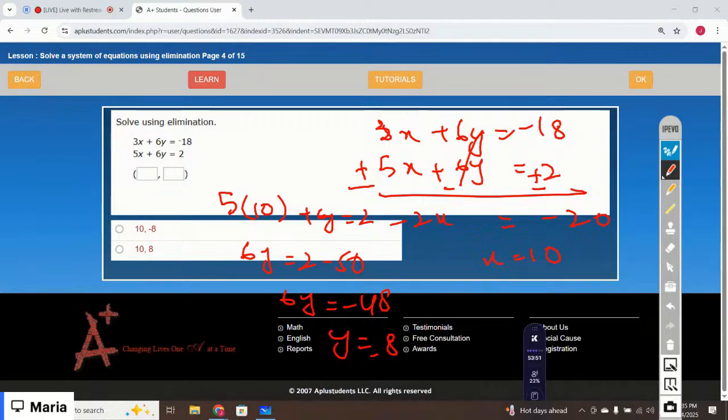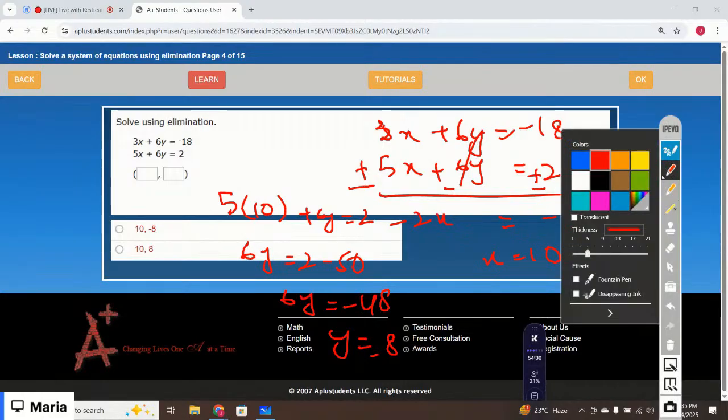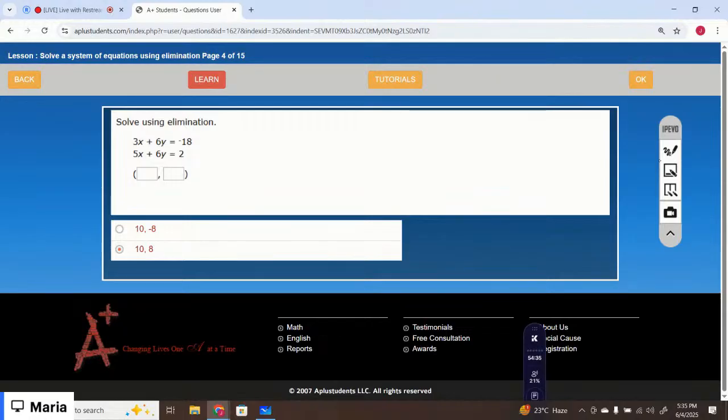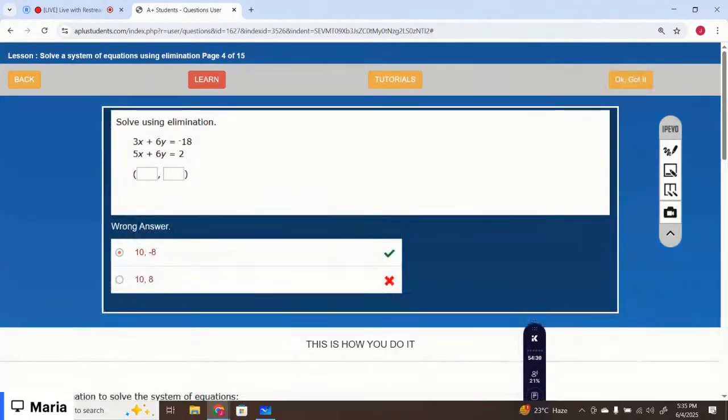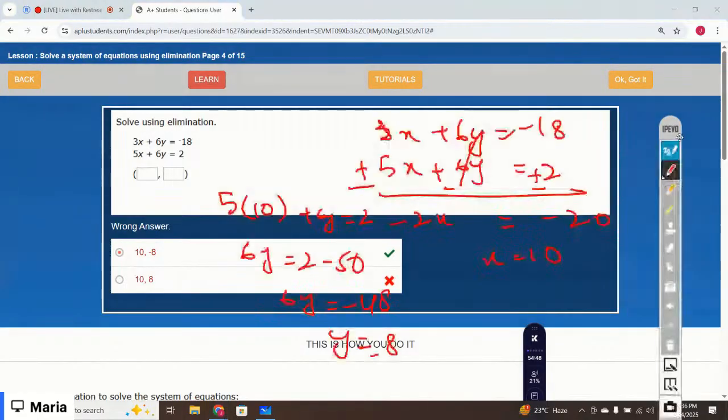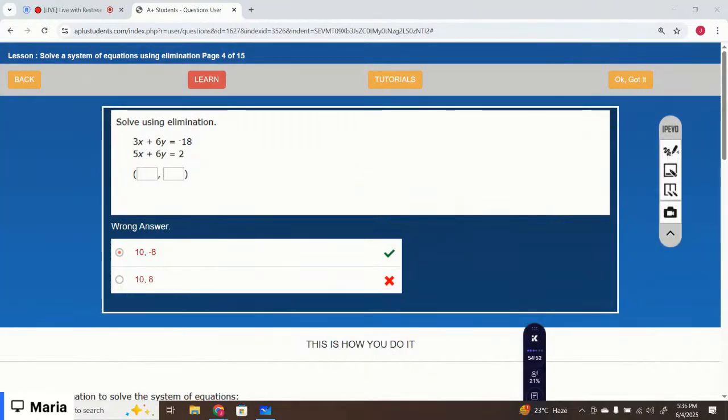So option number 1 is the correct option. That is 10 and negative 8.